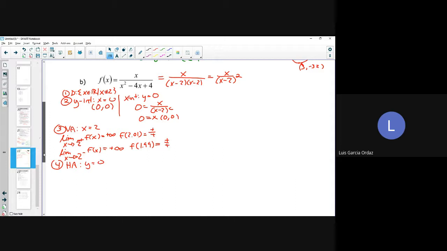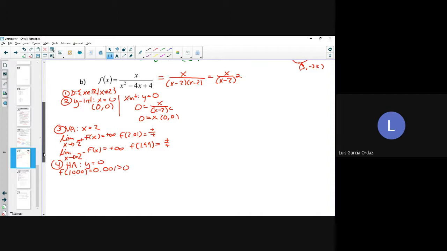And this was from, I think, the last lesson. So I need to determine what it's doing at my horizontal asymptote from above and below. So if I sub in f at 1,000 in my original function, I get 0.001, which is bigger than 0.